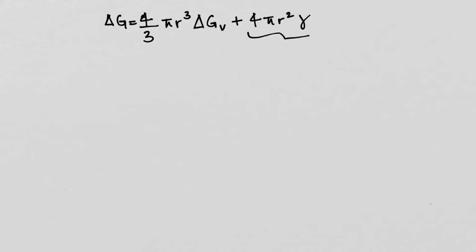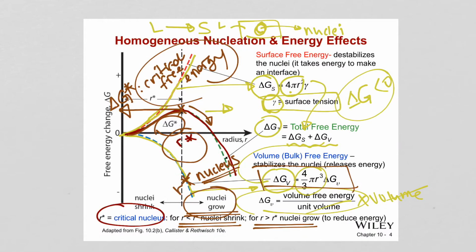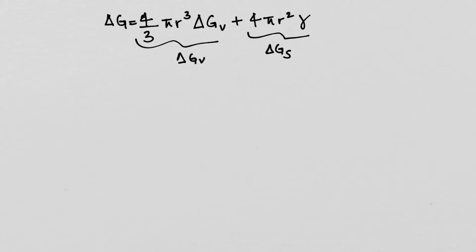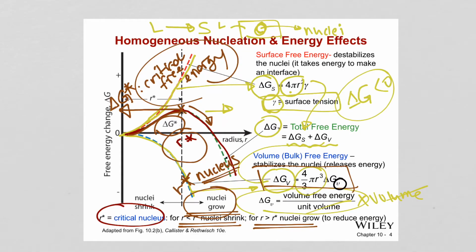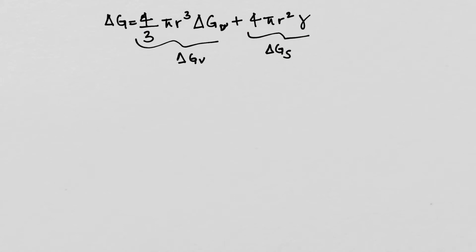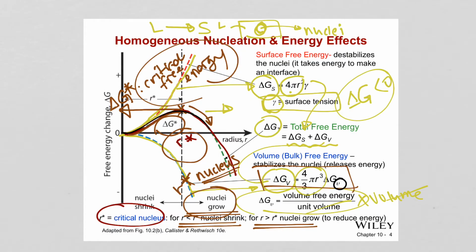So this was delta G S, and this was total. This is a slightly different V, you can see. Now, this is the equation for this curve here.